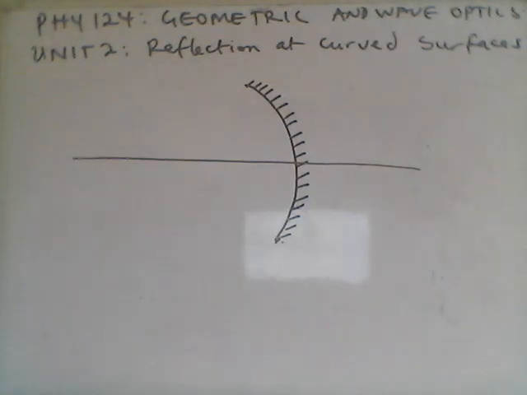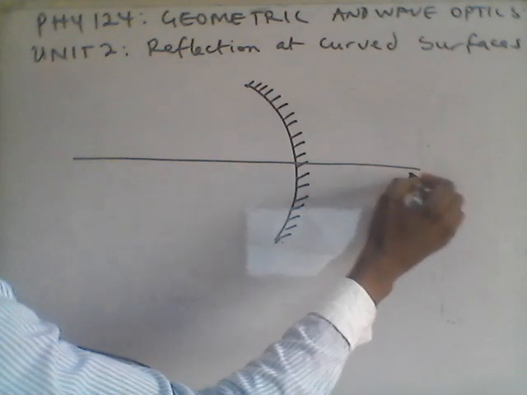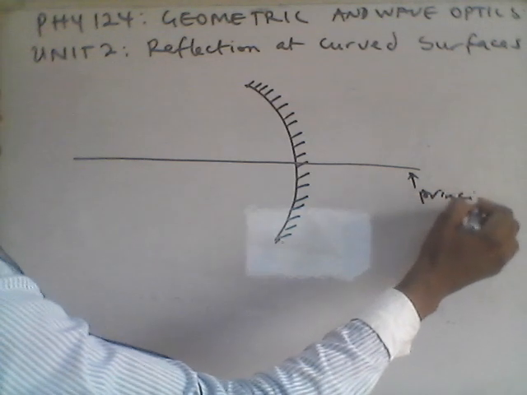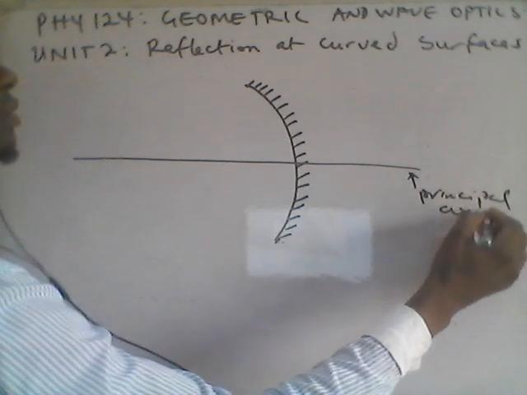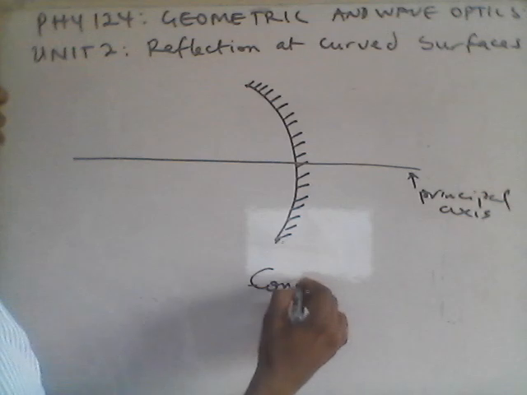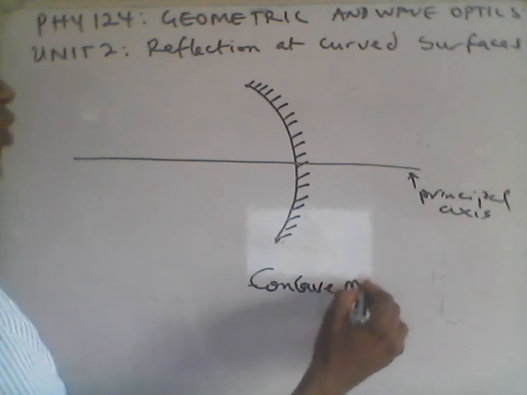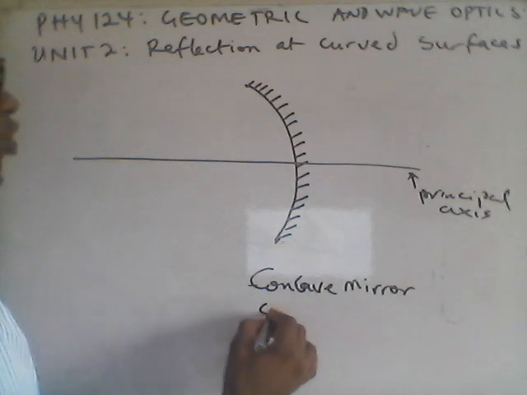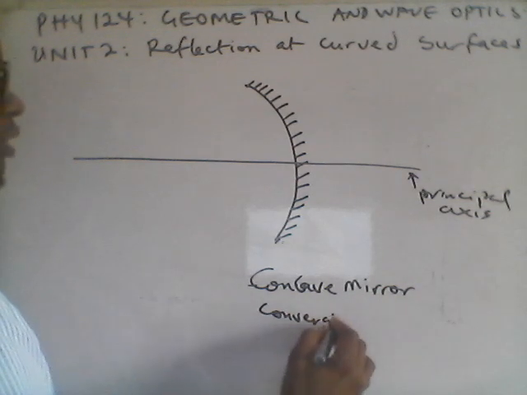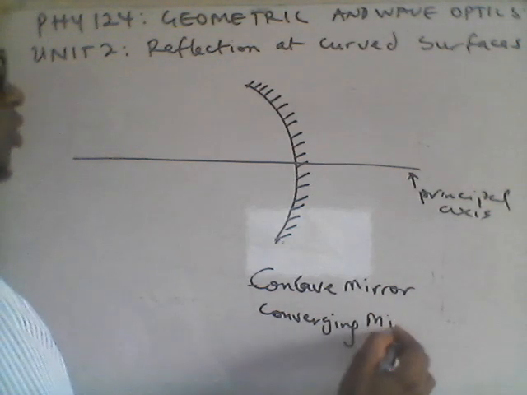This imaginary line is used for analysis. We call this line the principal axis. By the way, this is a concave mirror, or you can call it the converging mirror. I will explain why it's called converging.